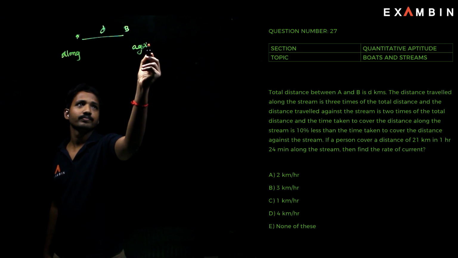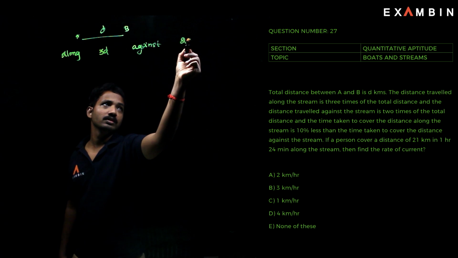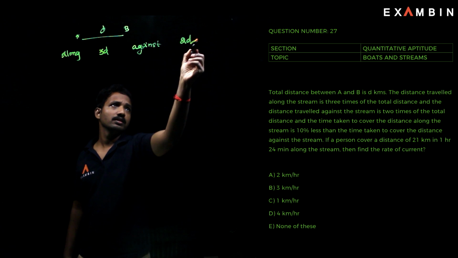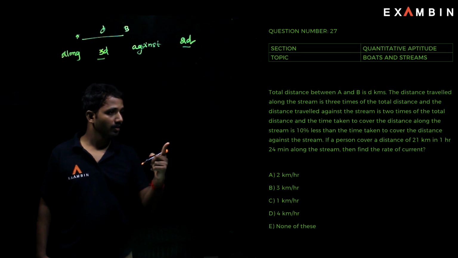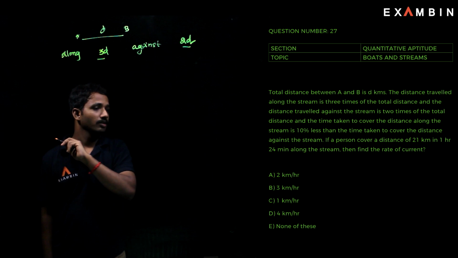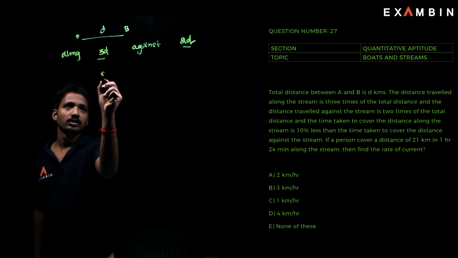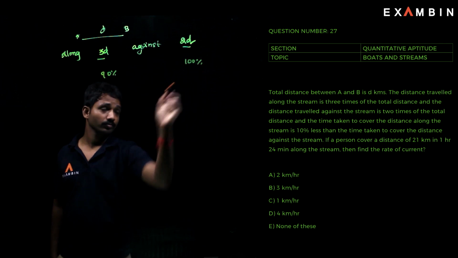against the stream. So along the stream 3d, against the stream 2d. And next data given is 10% less than the time along the stream is taking. So it would be 90% and this would be 100%.